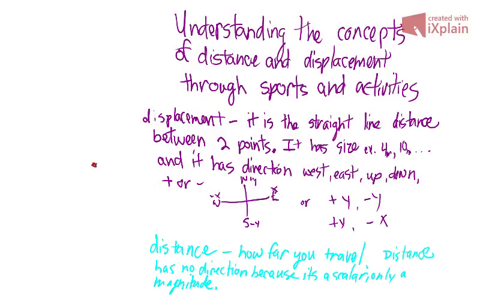So if I go here, okay, and this is me, I travel a distance d to a spot here. My displacement is how far away I am from where I started.